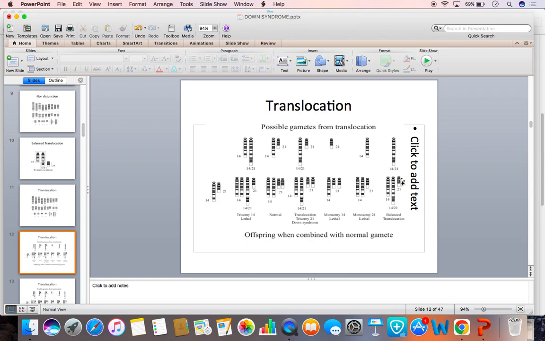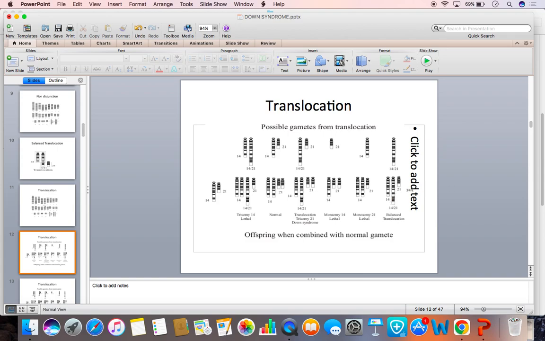Then here is the cell with chromosome 14, the translocated 14, and another copy of 21. So in total, how many copies of 14 chromosome? There are 2 copies of chromosome 14. How many copies of 21?